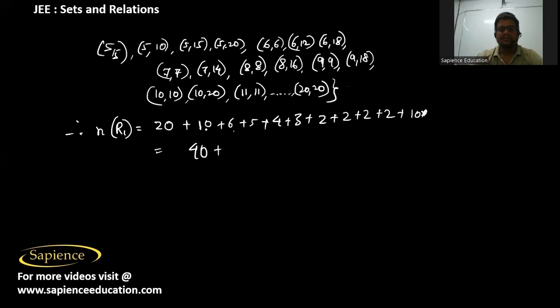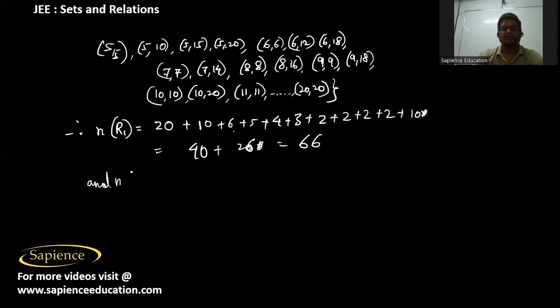Then 6 plus 4 is 10, plus 5 is 15, plus 3 is 18, plus 2 is 20, plus 2 is 22, plus 2 is 24, plus 2 is 26. So this is 26. So this is 66.